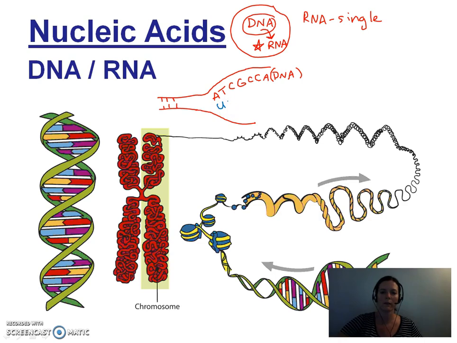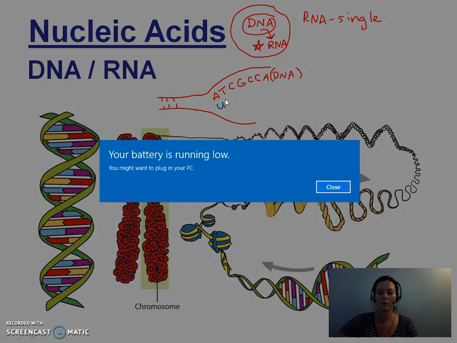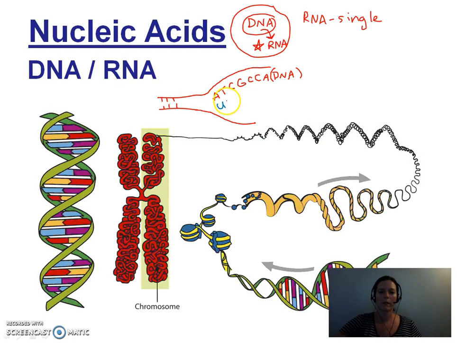So this strand for RNA would be U, A, G, C, G, G, U. And that would be our RNA strand that would make its way out into the cytoplasm to be used as instructions to make the protein.